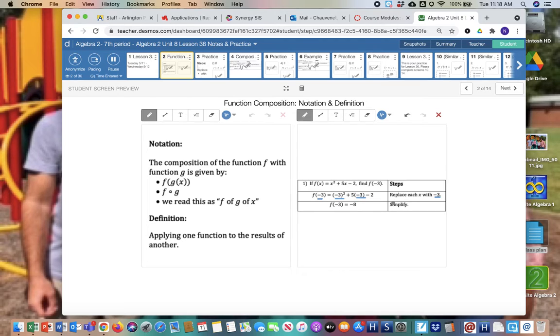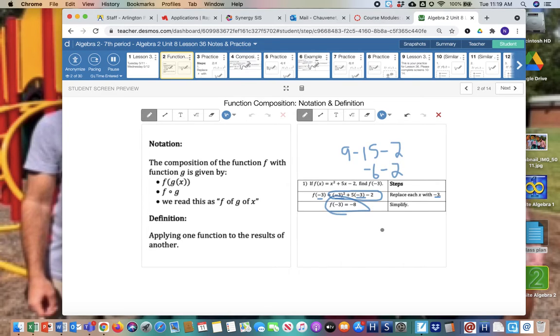Now we're just going to do pre-algebra order of operations, right? So negative 3 squared, well, negative 3 times negative 3 is positive 9. 5 times negative 3 is negative 15. And then minus 2. So 9 minus 15 is negative 6. And then negative 6 minus 2, negative 8.